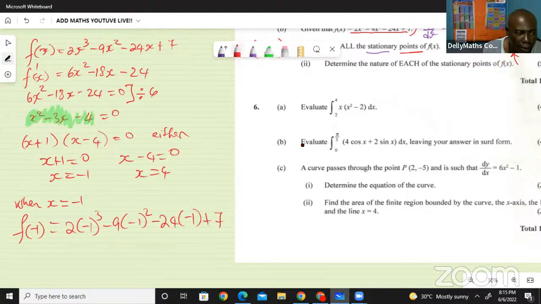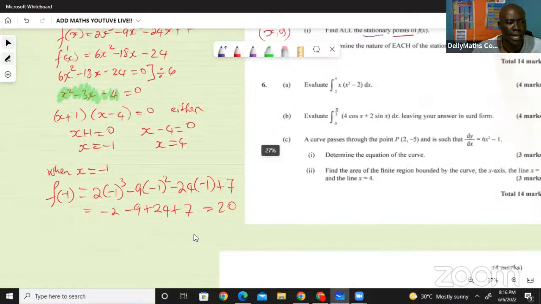So we want to take our time and work this out. This is going to give me negative 2, minus 9, plus 24, plus 7. Put all of that together, this is 20. You know what that means?